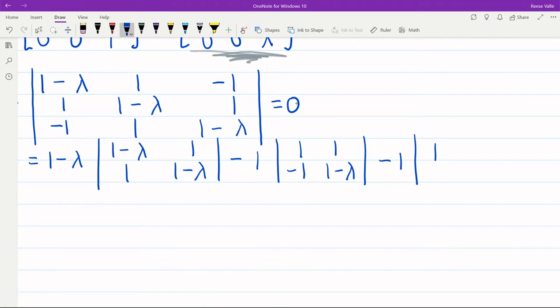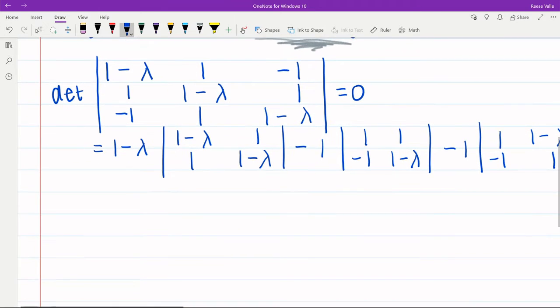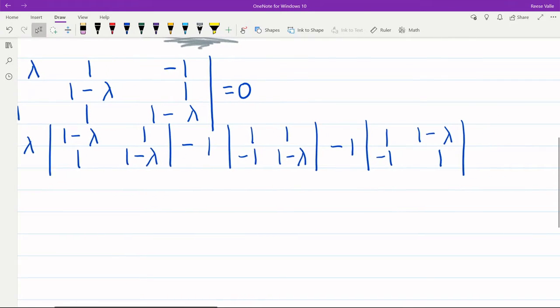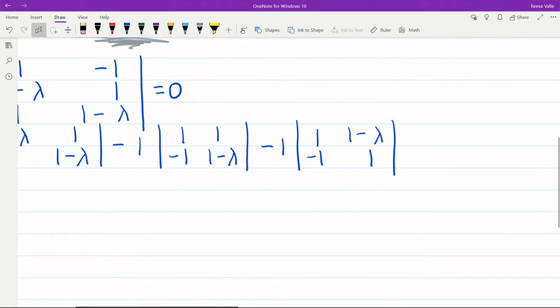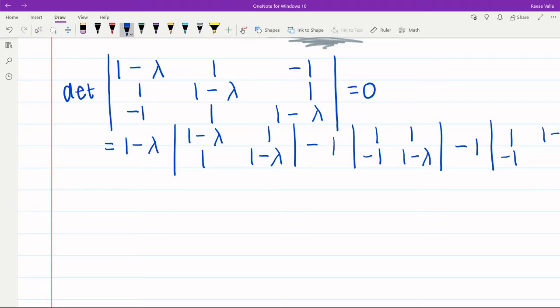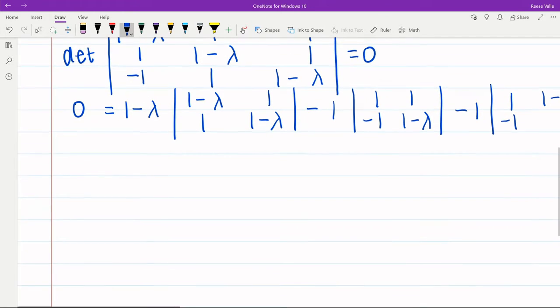And it's 1 minus lambda, negative 1, 1. And once again, remember that this is going to be equal to 0 on the end.